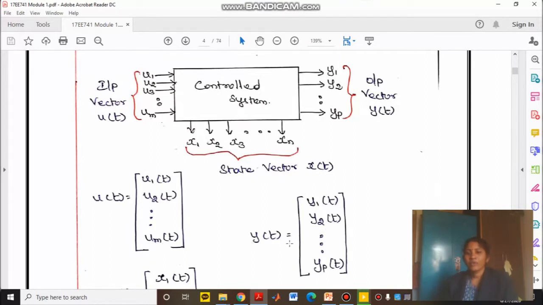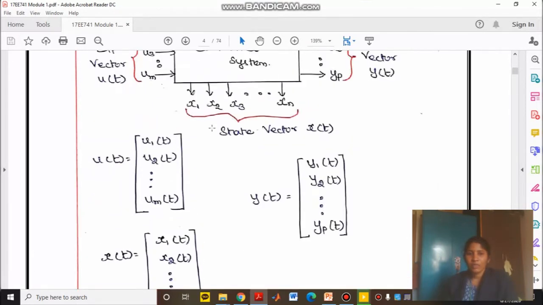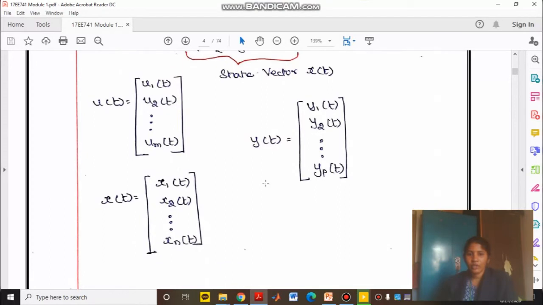Same thing, y of t is equal to y1 of t, y2 of t, y3 of t till yp of t. Then the number of state variables till xn, so x of t is equal to x1 of t, x2 of t, x3 of t, and it goes on till xn of t. So it is the basic representation of your input, output and state variable in matrix form.